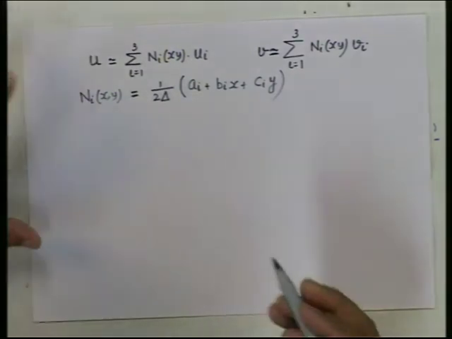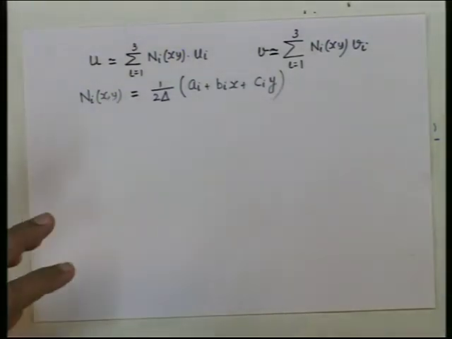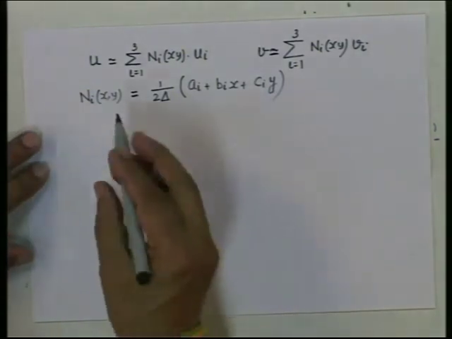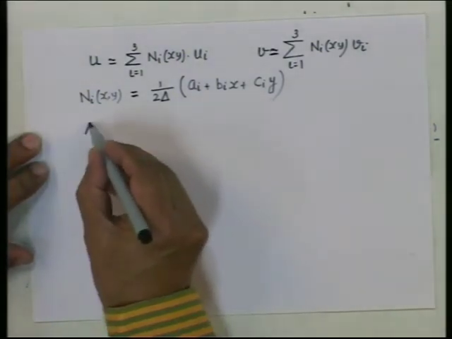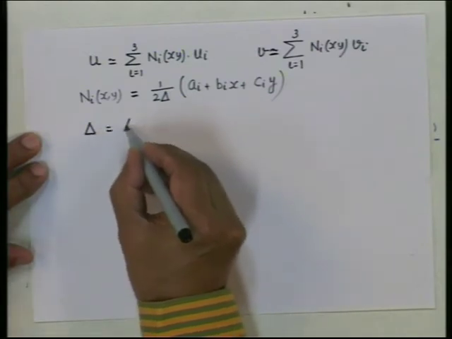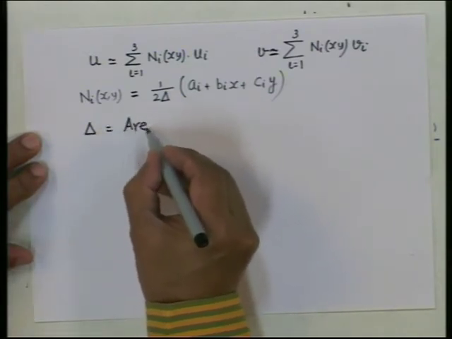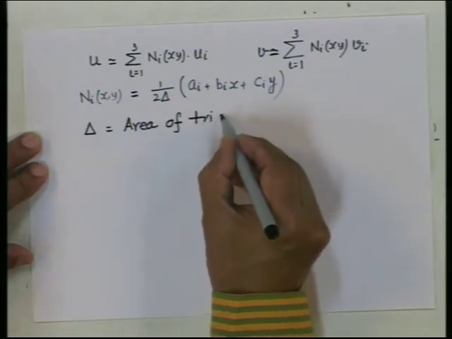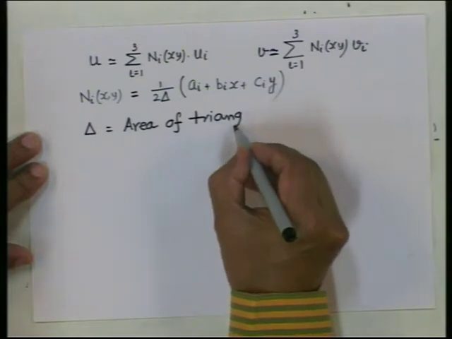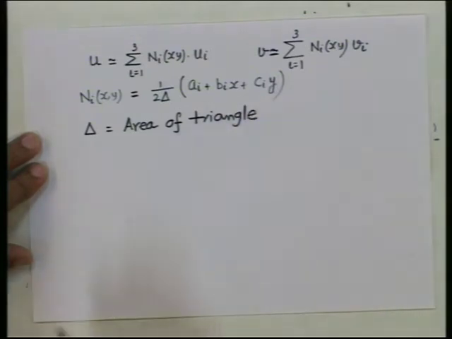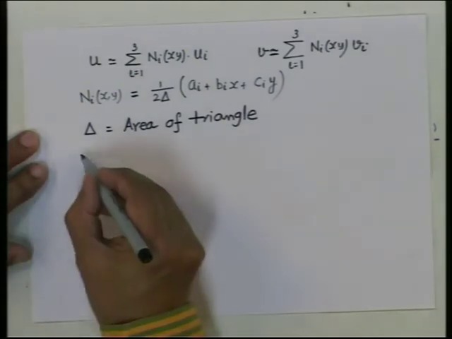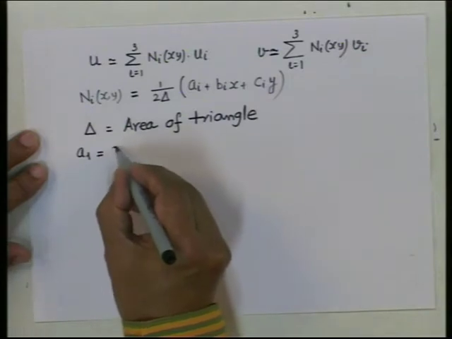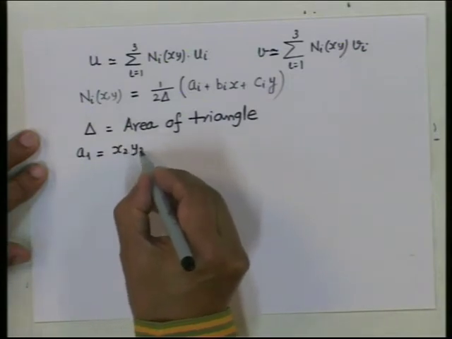Here del is the area of the triangle. This can be derived. Now, what are these Ai, Bi, Ci, that I will explain. For example, A1, when i equals 1, is given by x2 y3 minus x3 y2.